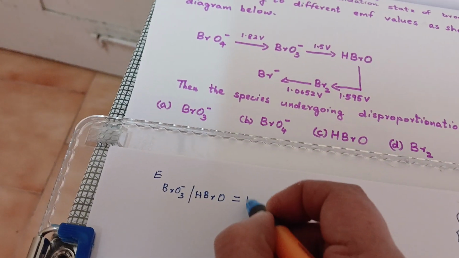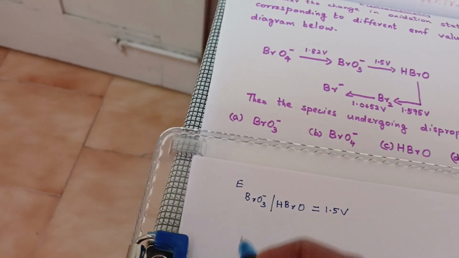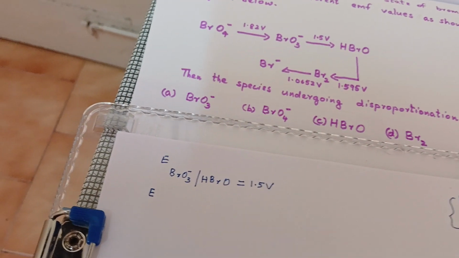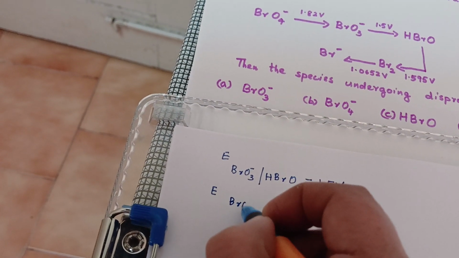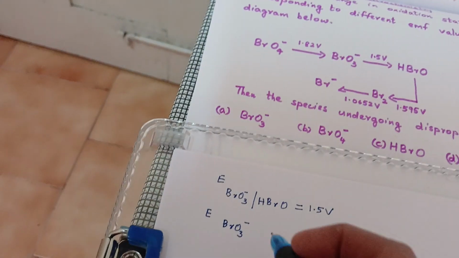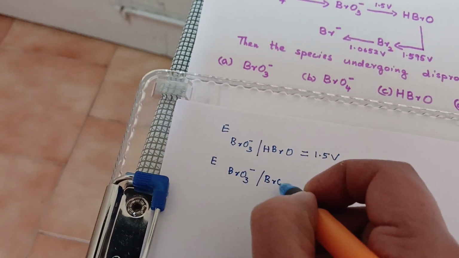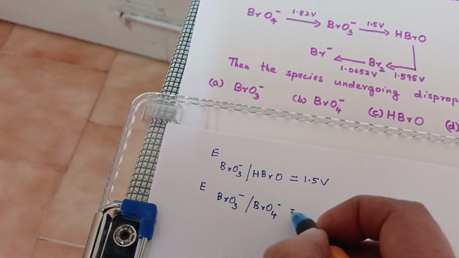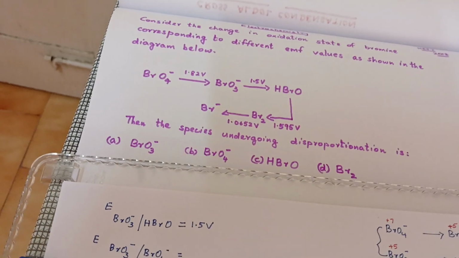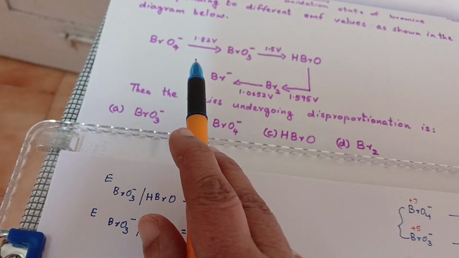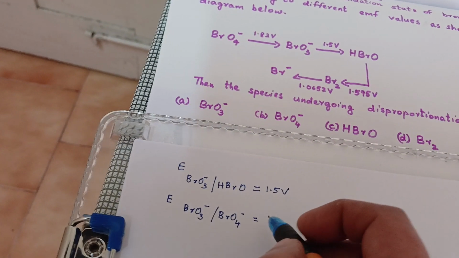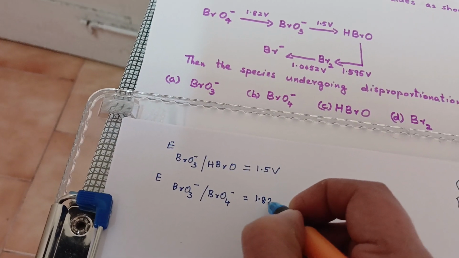The potential is given as 1.5 volt. And we can write BrO3 minus changing to BrO4 minus. That is actually oxidation taking place. But here we have been given the reduction potential. So we can write it as 1.82 volts.